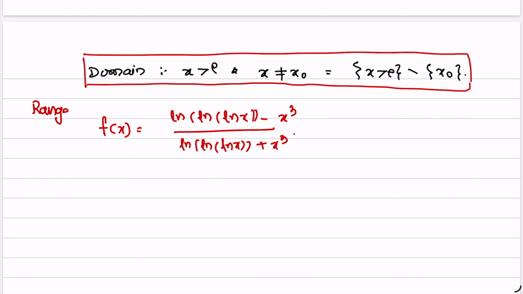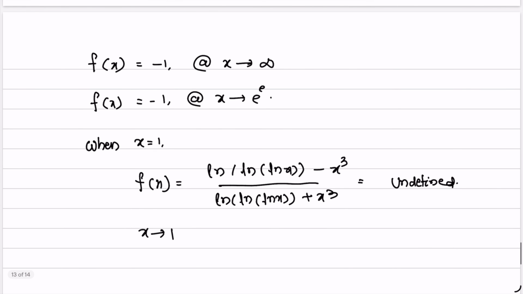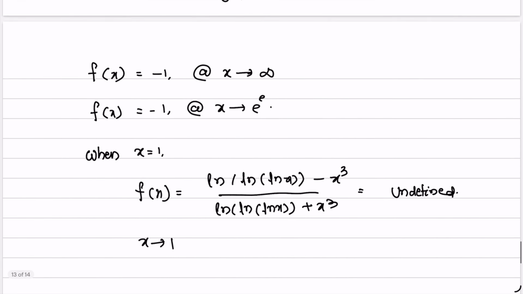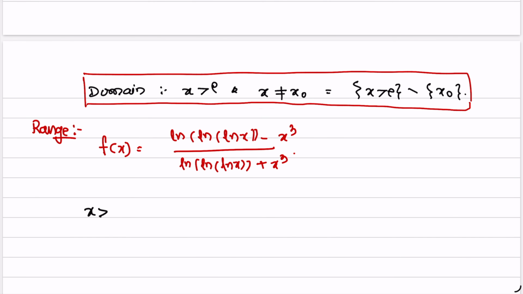Now, we have already calculated certain values. When x tends to infinity, because here x is greater than e, x can tend to infinity.